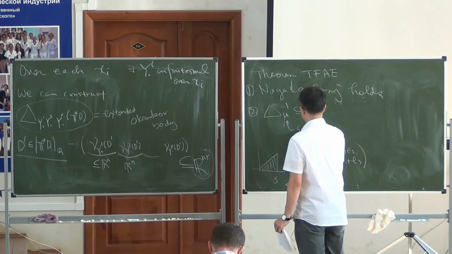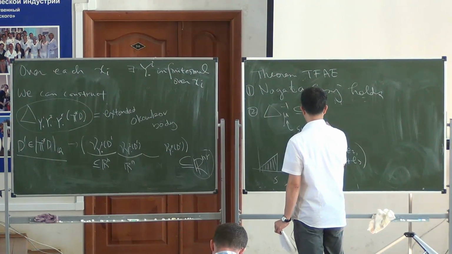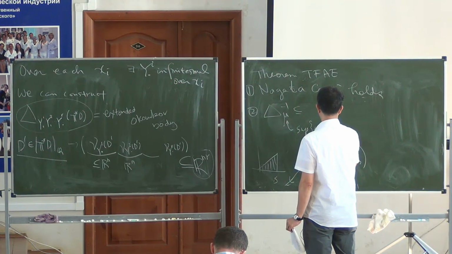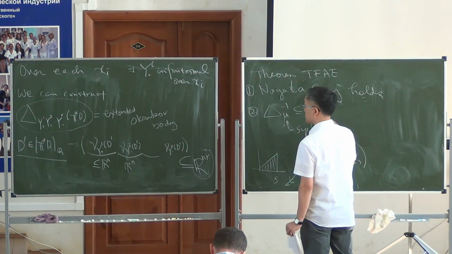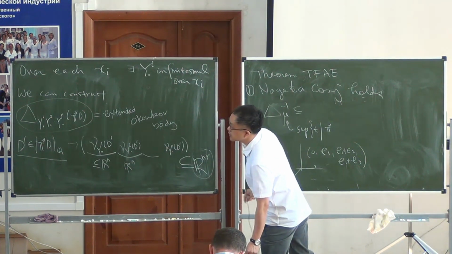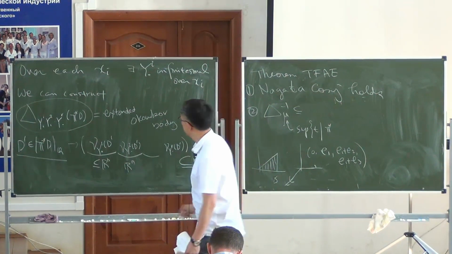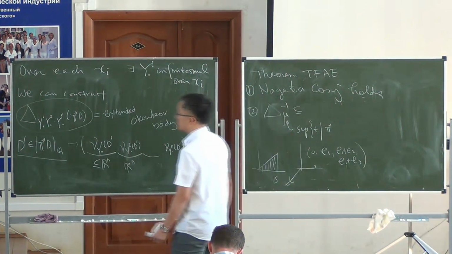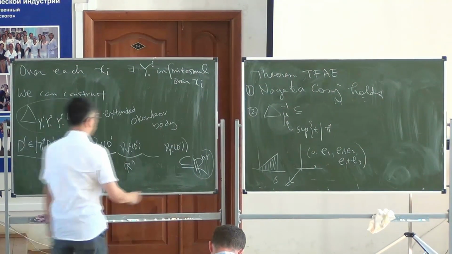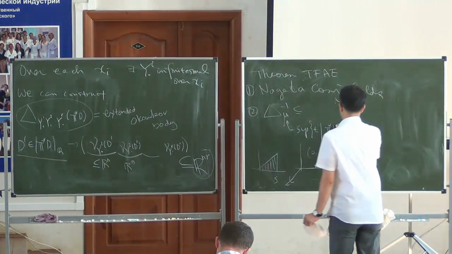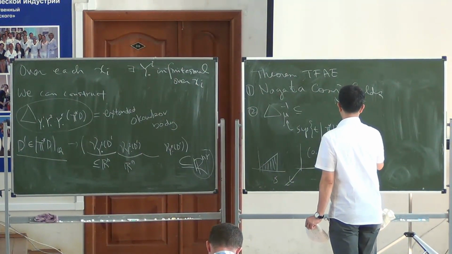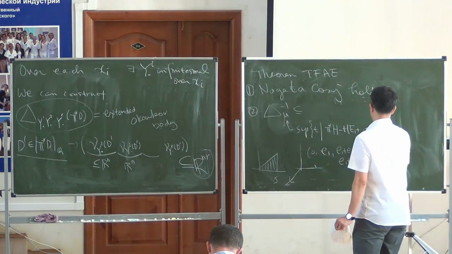So this is the supremum of t such that pi pullback H minus t, E1 plus ER is big.